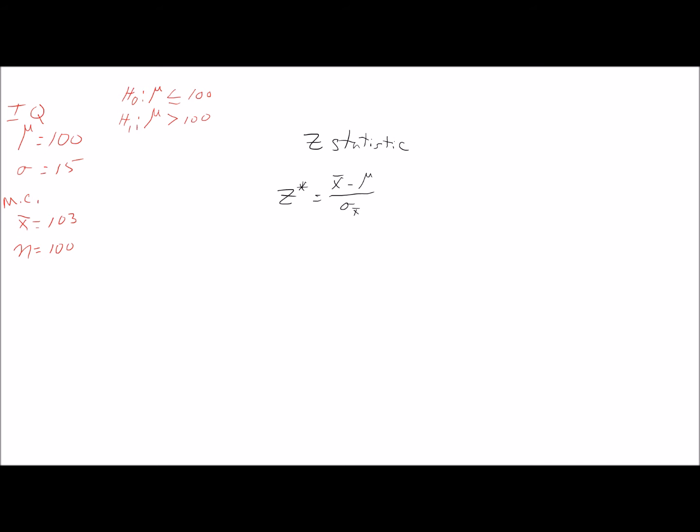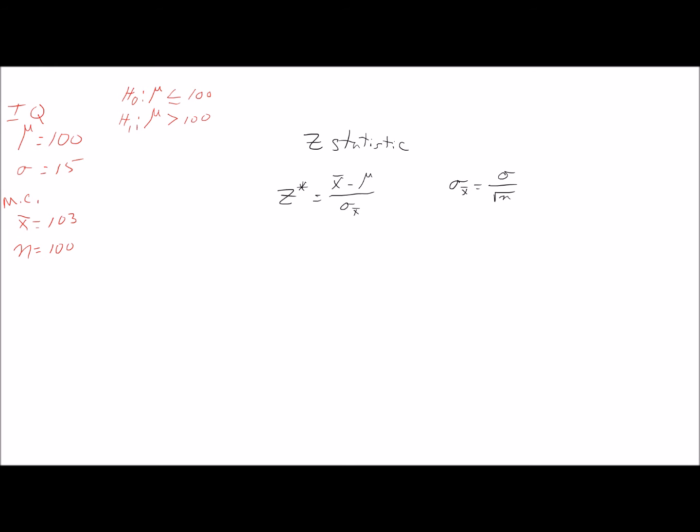So it's X bar minus mu divided by the standard error. And again, take a look at the central limit theorem video to review standard error and what that means. But just as a reminder, we'll put the formula up here for standard error. Right, so the standard error equals standard deviation divided by the square root of the sample size.